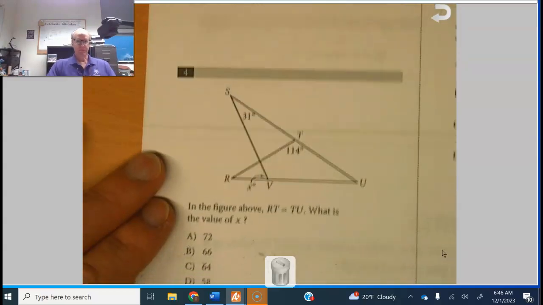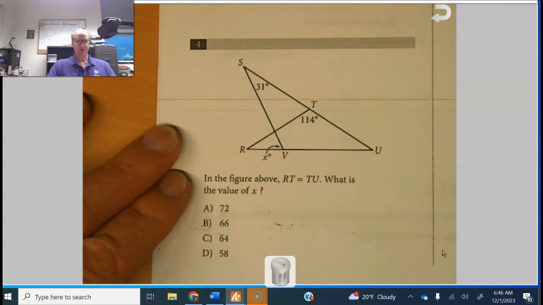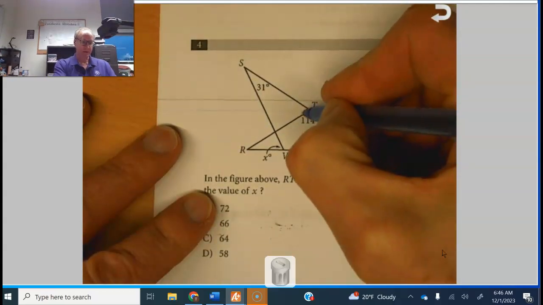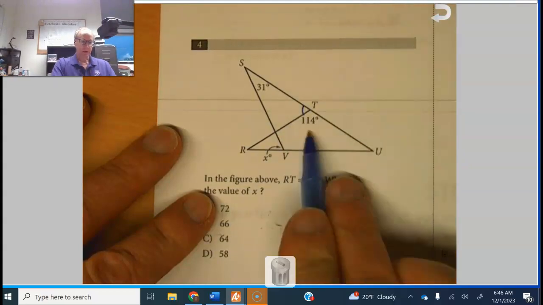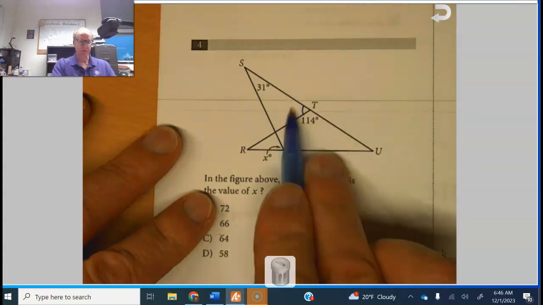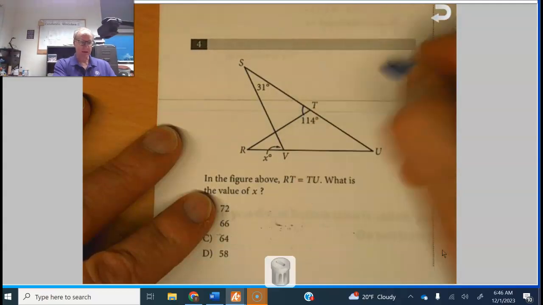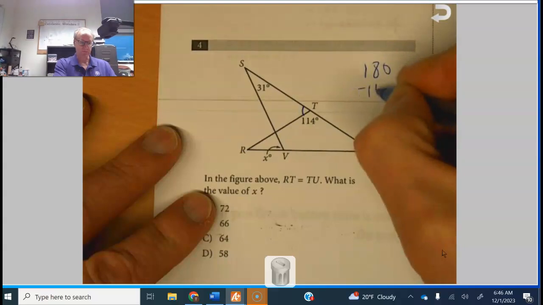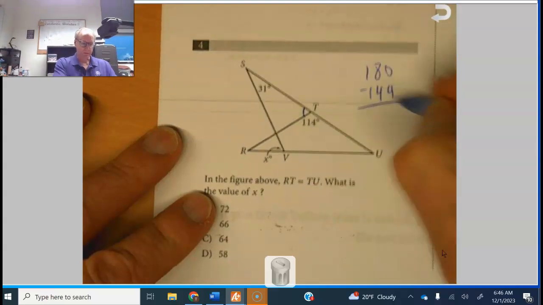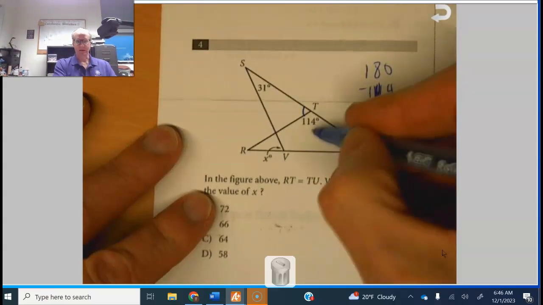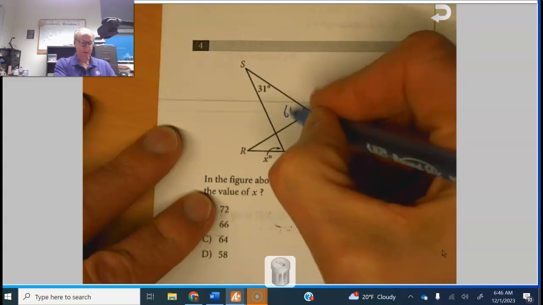Number 4 is a geometry problem. And the first thing I notice is that this angle is the rest of this 114, and it's the rest of the 180. If you can subtract in your head, that's great. If you can't, you can take 180 and subtract the 114 and get the answer. This happens to be 66 degrees.